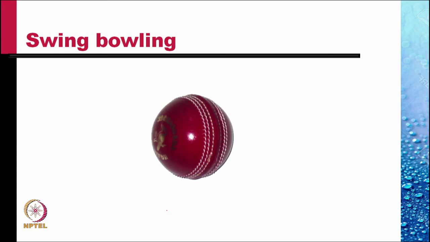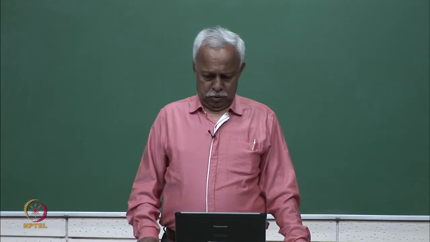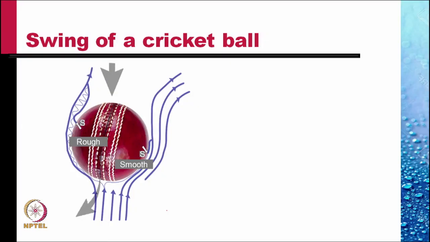Consider this ball, which is delivered with its seam as shown. In this picture, the ball is traveling down, and so relative to the ball, the air is rushing up around the ball.